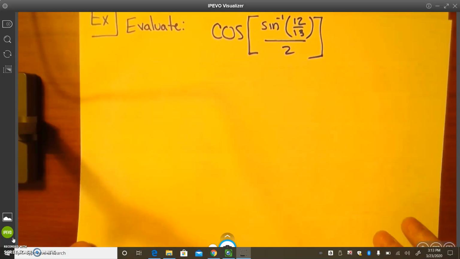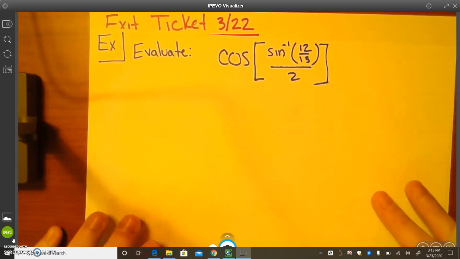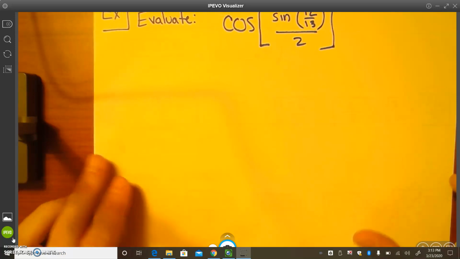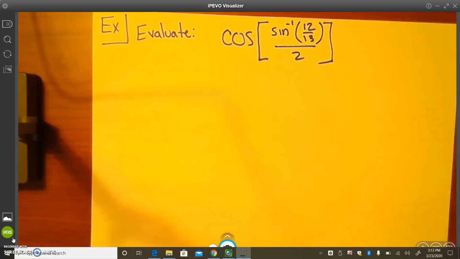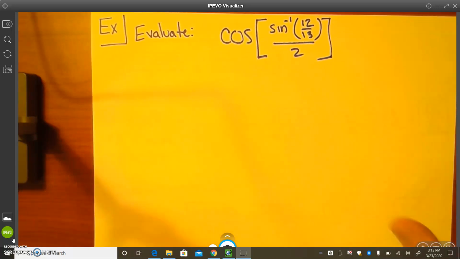Excuse me. So we have one example. This is about as difficult as these types of questions might get. And it's an evaluation without a calculator of this expression. At first, it looks complicated and it can look very daunting. And you just have to recognize one or two small details here.